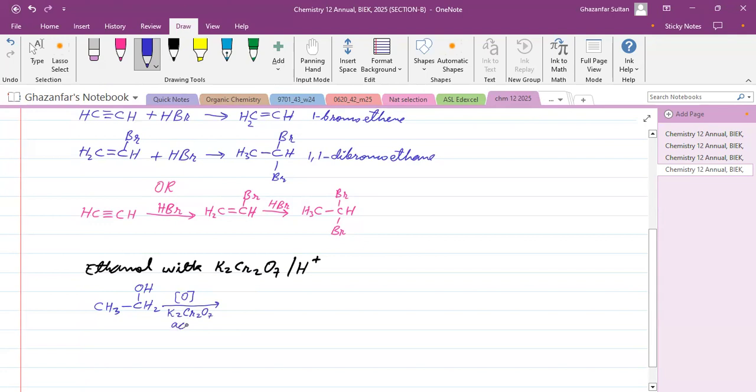In brackets, you can write acidified, or you can write H plus. I will show it in the next step. In the first step, oxidation occurs and it forms an aldehyde, ethanal.